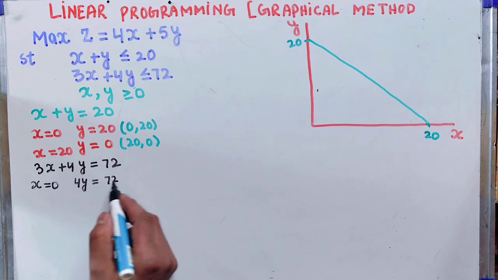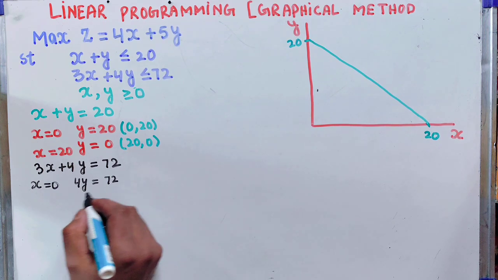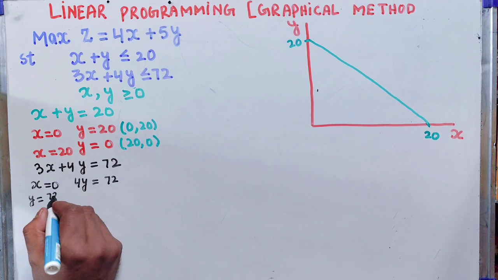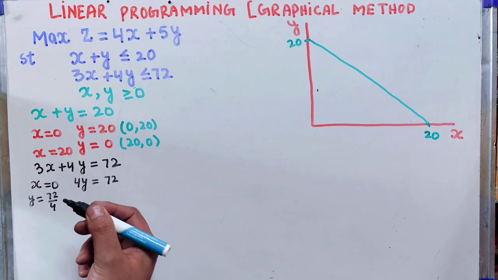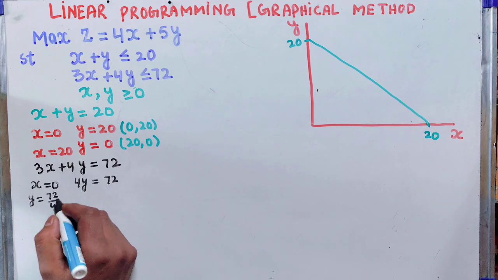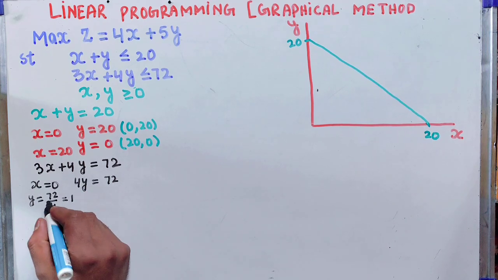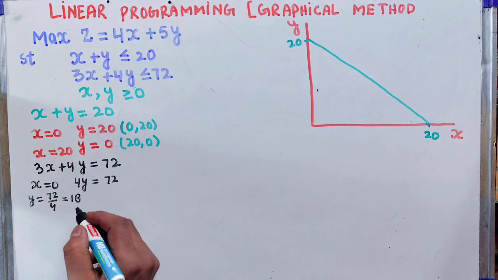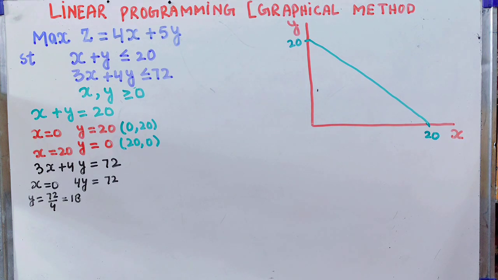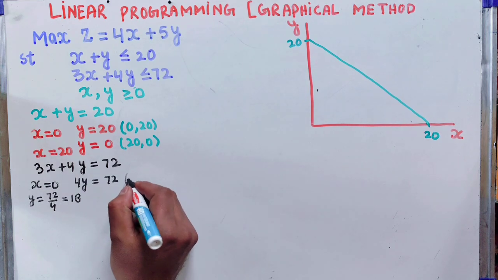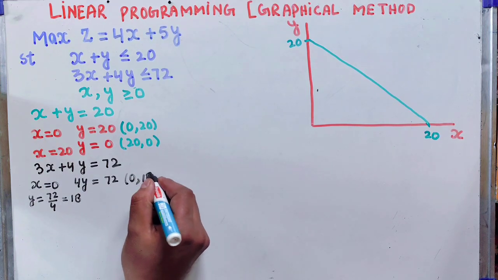Dividing both sides by 4, y is equal to 72 divided by 4, which comes out to be 18. So we have the point (0, 18).